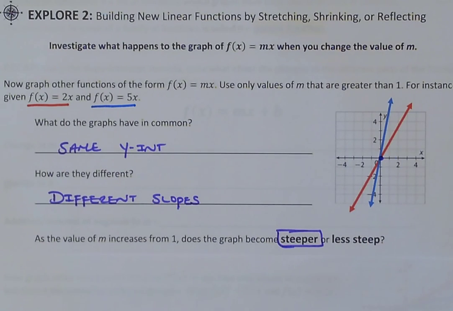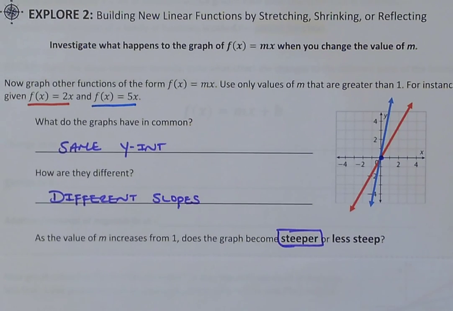So any time that the value in front of x increases, your graph is also going to get steeper. Now, the next thing we're going to take a look at is when that value in front of x decreases. So keep in mind, when the m value gets larger, your graph gets steeper.